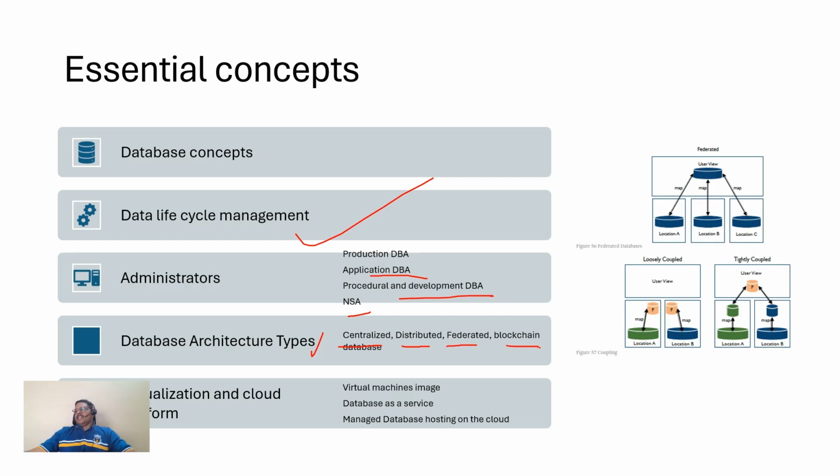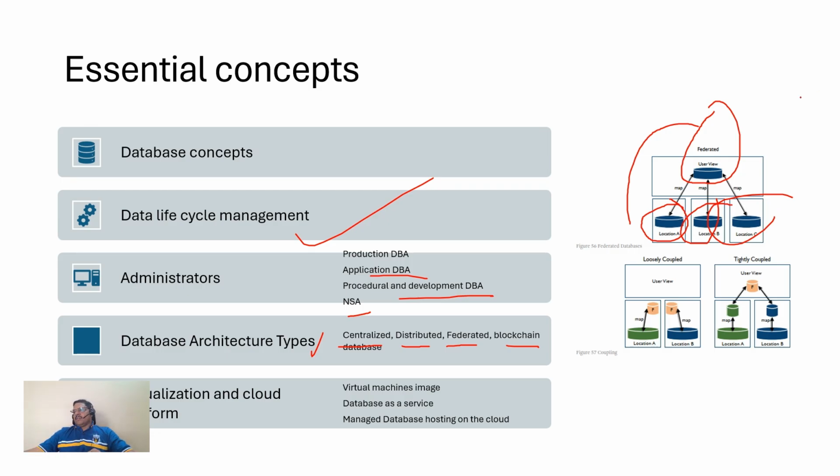Okay, if you look at this diagram, you can see this is a federated architecture. We have a top level and we have the federation, like different locations: location A, location B, and location C. As I explained, it is the integration of multiple autonomous databases into a single federated system.